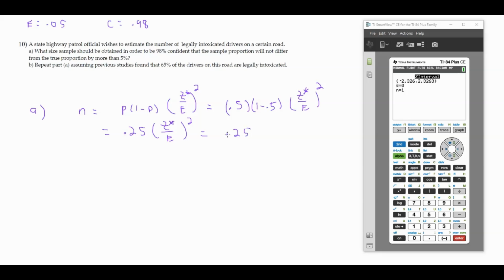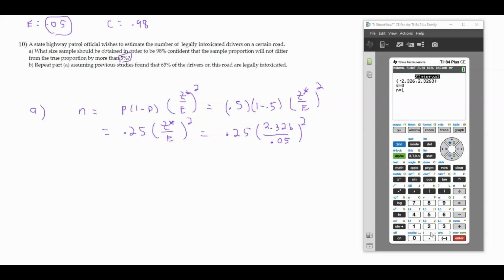So 0.25 times 2.326 over the margin of error, 0.05. This is important: enter your margin of error as a decimal. A lot of people forget and put in 5. It's 0.05.